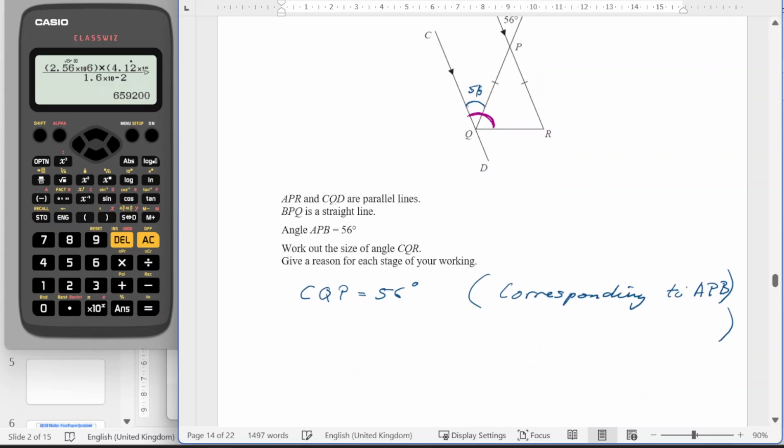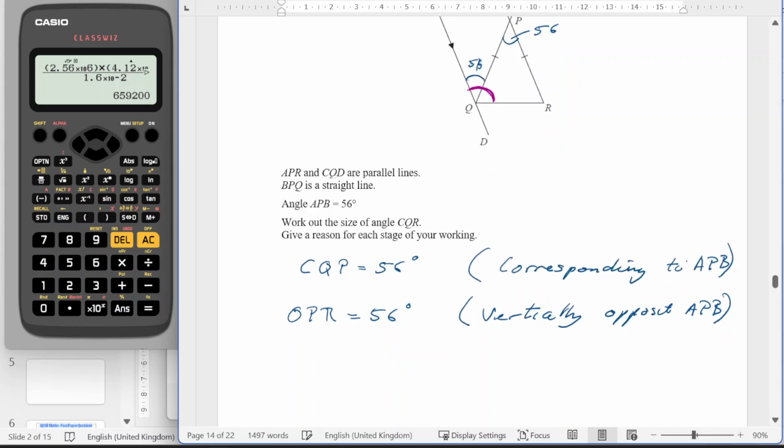Then I'm going to do a little bit of working. So that angle there is also going to be 56. So let's do that. QPR is also equal to 56 as it is vertically opposite APB.